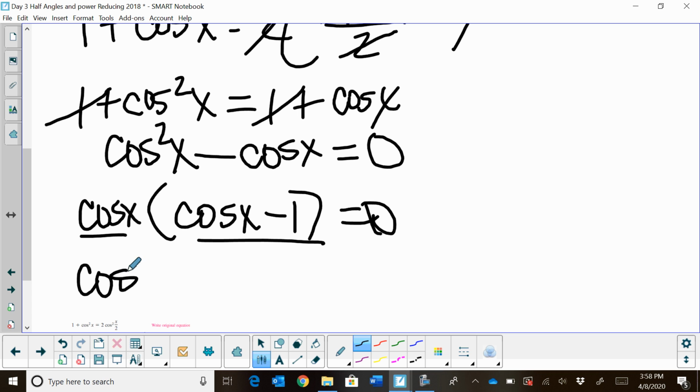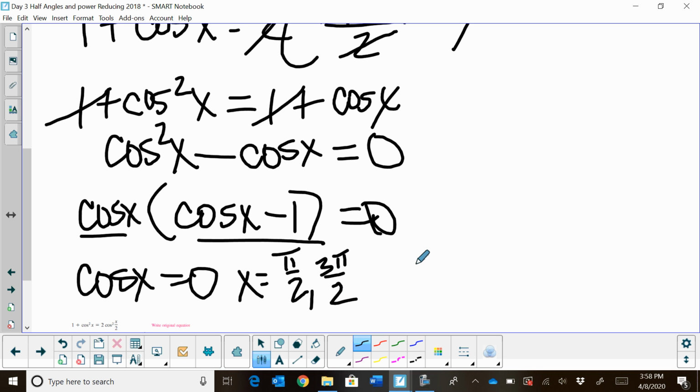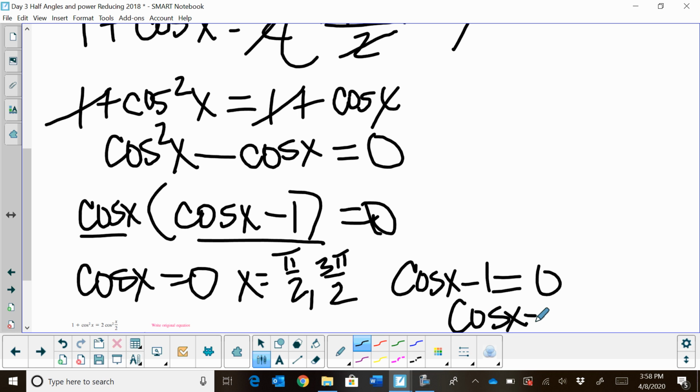So where is cosine x equal to 0? Well, cosine x is equal to 0 where x is pi halves and 3 pi halves. And let's look where cosine x minus 1 equals 0. And that's where cosine x equals positive 1.